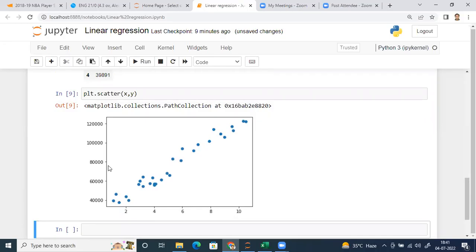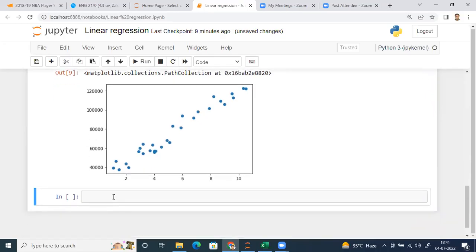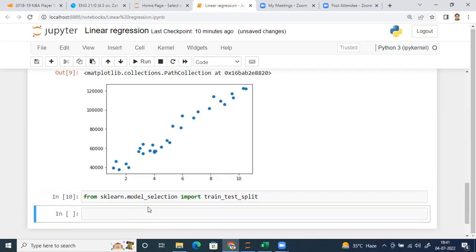So same thing we have to do. Let me do one thing, let me just split my data. So I'm going to say from sklearn.model_selection import train_test_split. Perfect. And from this let me split my data.